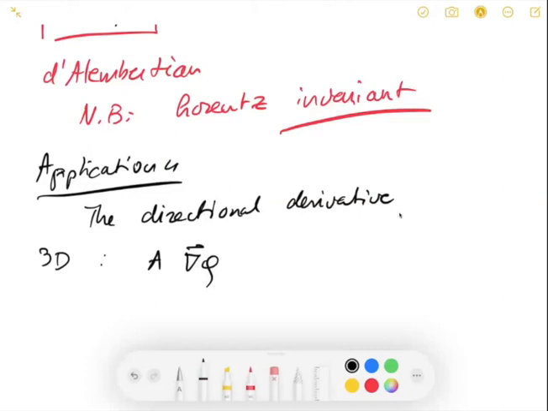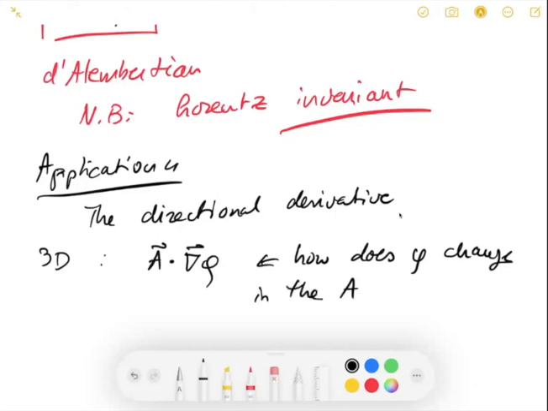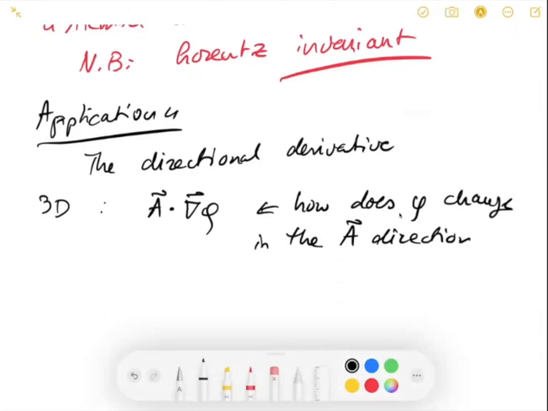And then if we dotted that with A, we basically say, okay, how does phi change in the A direction? The gradient is pointing in some direction, giving you a vector.